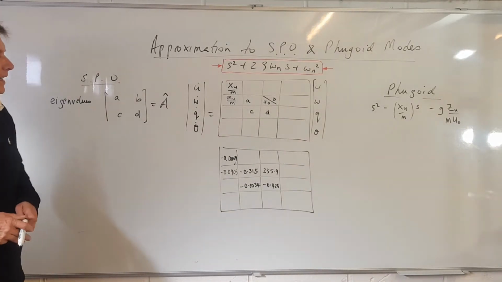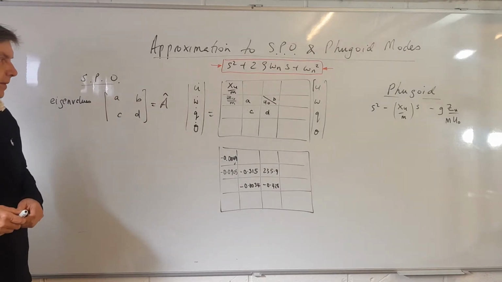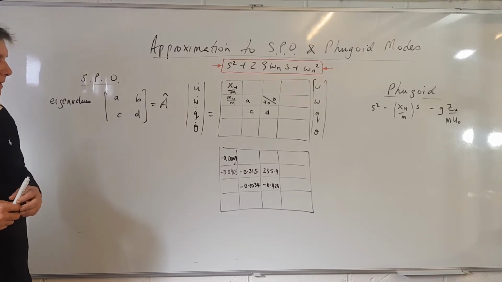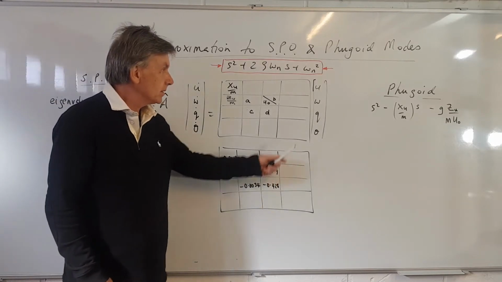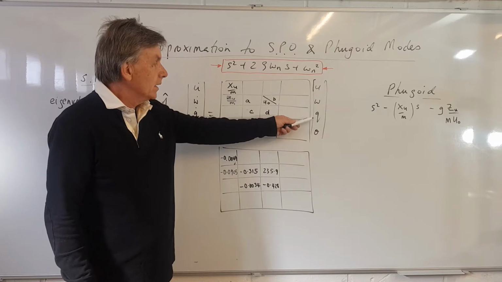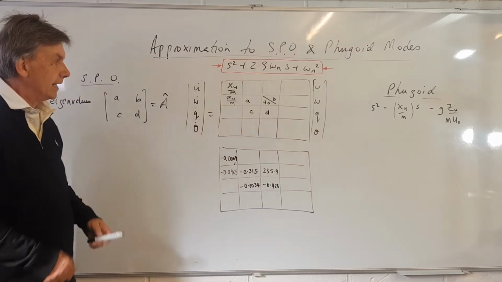Good morning. This morning we're going to look at approximations to the SPO and Phugoid modes, which result from looking at the 4x4 matrix for the longitudinal dynamics. In the longitudinal dynamics we have four variables: u, forward speed; w, vertical speed; q, the pitch rate; and theta, the pitch angle.